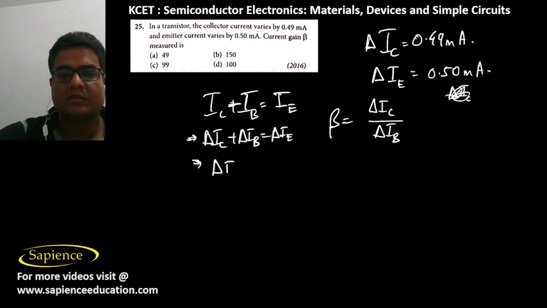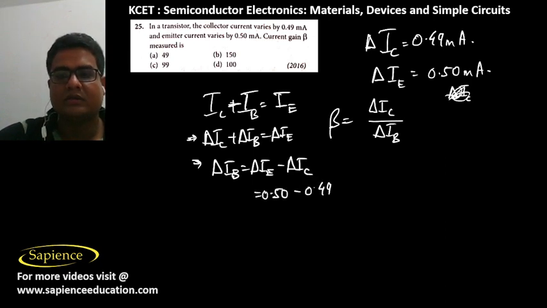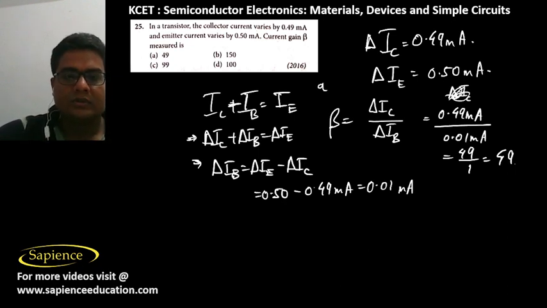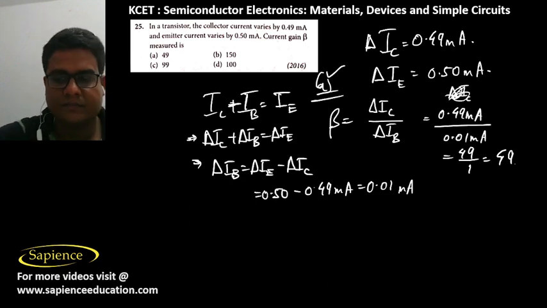Therefore delta IB will be equal to delta IE minus delta IC, that will be 0.50 minus 0.49 milliampere, 0.01 milliampere. So beta will be equal to 0.49 milliampere divided by 0.01 milliampere, that is 49 by 1, which is 49. 49 is the current gain beta. So option A is the correct answer.